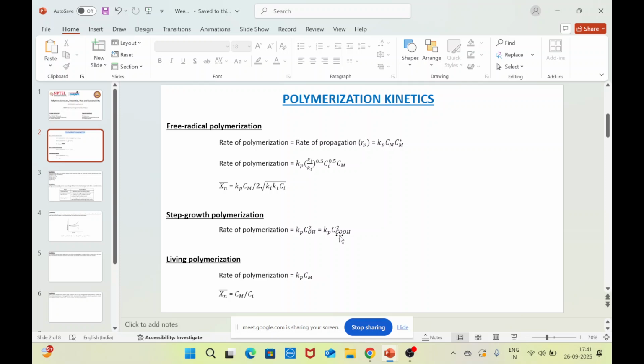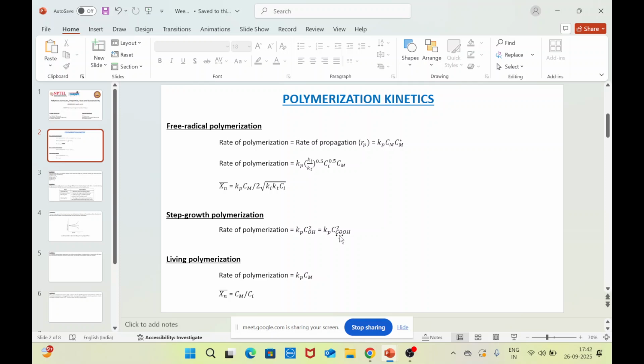In the case of suspension or emulsion polymerization, if you use a monomer and a solvent, for example water, in the majority of cases the monomer is not going to have intermolecular mixing with the solvent.